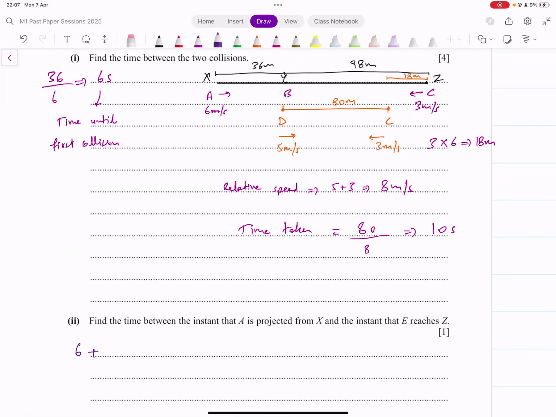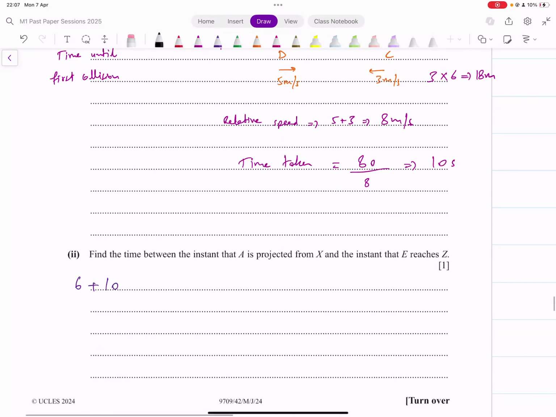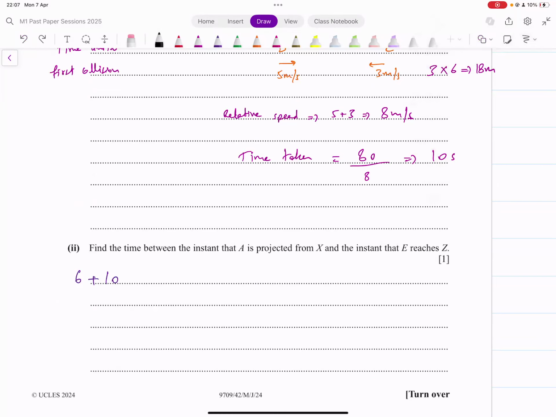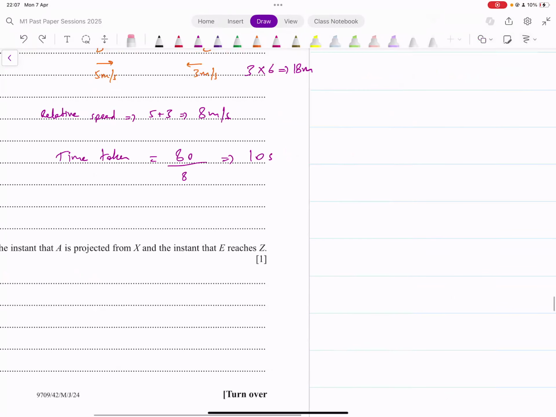Then it took 10 more seconds until the first collision. So we have 16 seconds already passed since the beginning. Now we have that particle E. I think the examiner was in a bad mood while making this paper. How is that 1 mark?